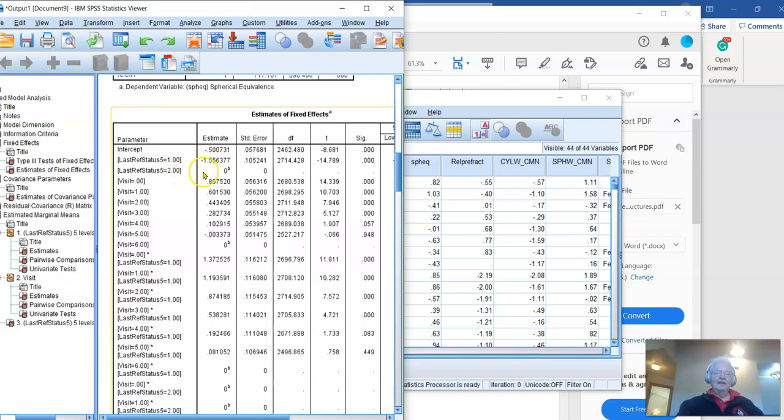If it's emmetrope, then you don't add anything off the intercept. So the intercept starts at minus 5, and then you add a minus 1.5, which is minus 2. And these are diopters of spherical equivalent, and that makes sense that a myopic patient has more negative than an emmetropic person, because the emmetrope is just 0.5, the myope is minus 0.5.